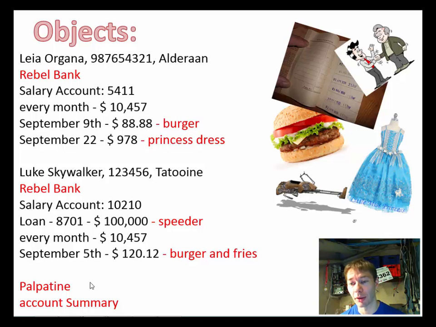Also, we don't care about the burger, the dress, and whatever they are using their money on. Equally, we don't care about the employee. And the account summary, we don't use it this time as an object. This is more like a function.